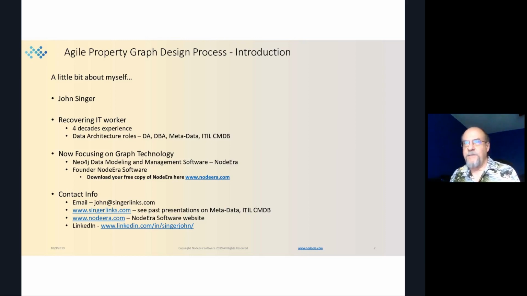And if you're not familiar with that term, CMDB is a configuration management database. And basically, it's a knowledge graph of all your IT architecture. So that was an interesting effort to work on. And that's where I kind of became aware of Neo4j and graph databases.